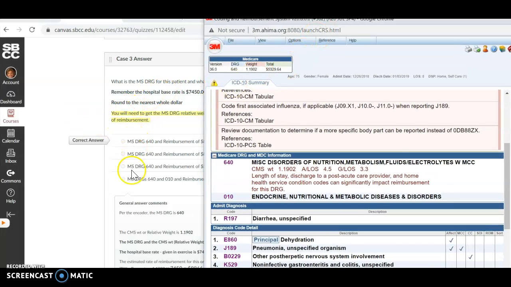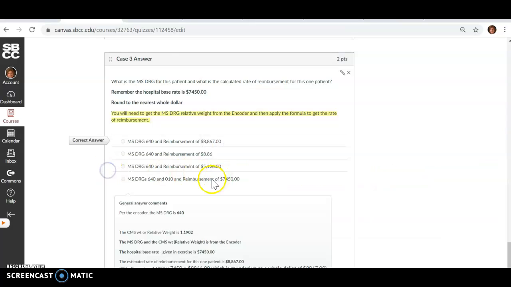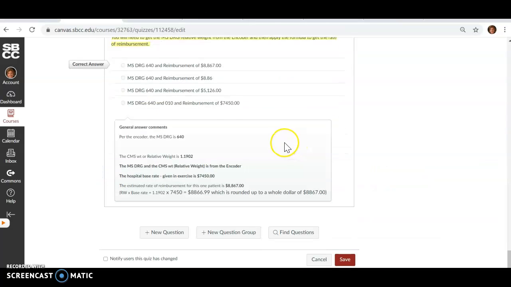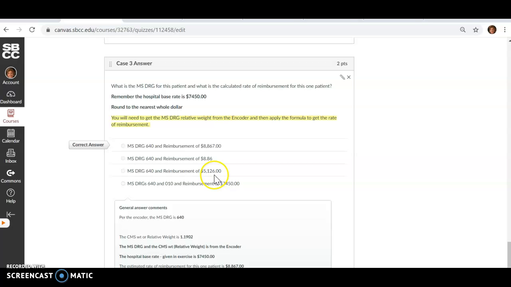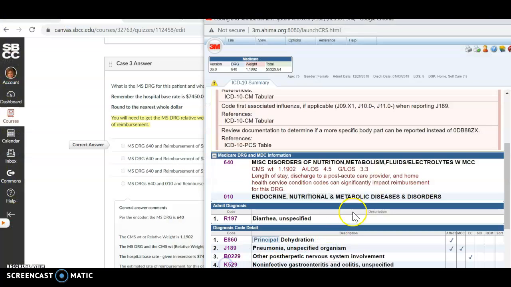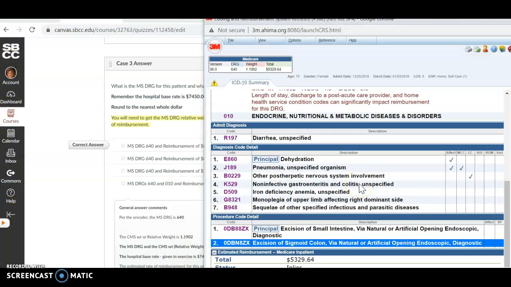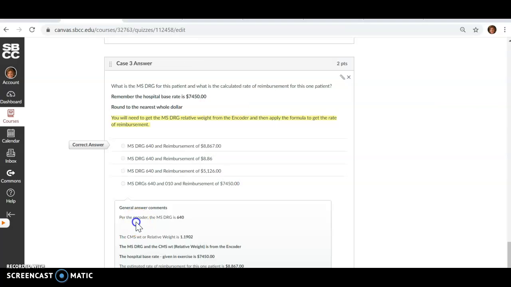The biggest thing that I was looking for, and I did have some students who put in this one right here, keep in mind what Medicare is looking for, but what we want to know is what the hospital gets. Look at what the question asks: we need to apply the formula to get the rate of reimbursement.